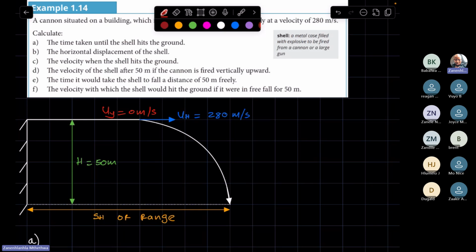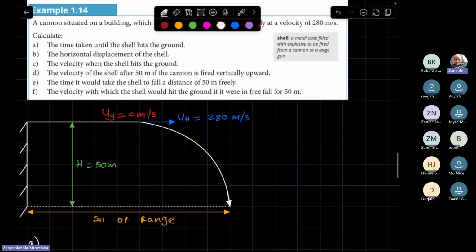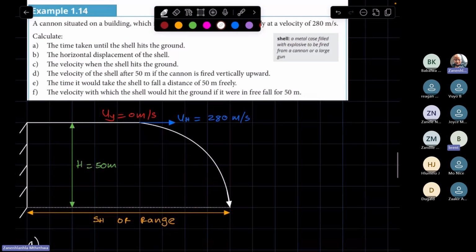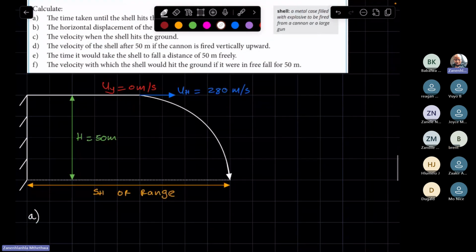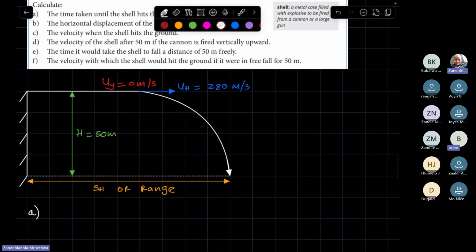Now, based on what we've been given, we have to think about the equation of motion that is going to be most convenient for us to use here. Final velocity minus initial velocity over acceleration.